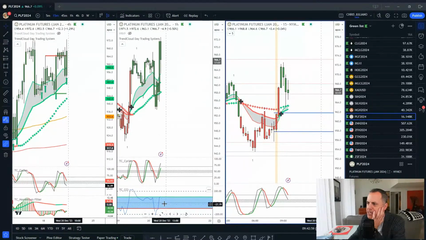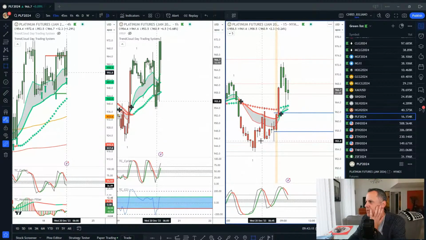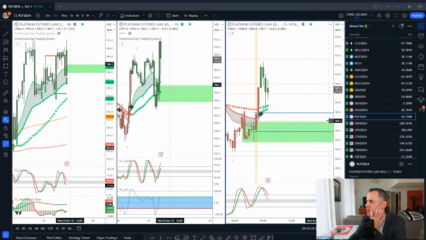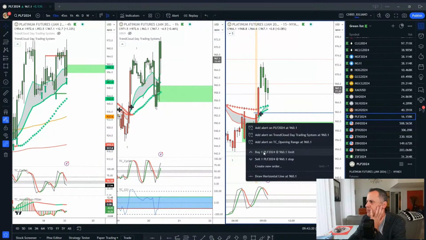It just peaked above positive 100 here. I can see it right here. So I'd be comfortable taking this. And there is your demand zone right there. There's your demand zone on platinum.